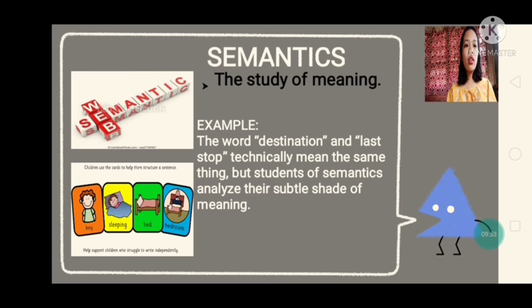So there are different meanings pero may same sila ng meaning, which is for example nga yung dead end and end of the road. So that they have the same meaning, which is dying. Kumbaga that was the last end of that person or of that particular individual who died. So that is how semantics work.